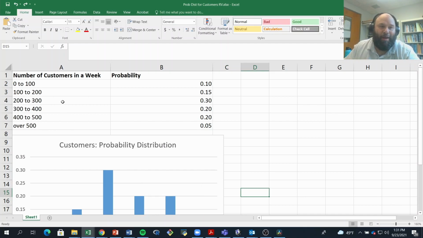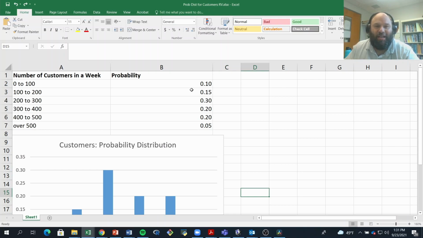For example, the probability that we will have between 100 and 300 customers, well, we take the 0.15 or the 15%, add it to the 30% and get 45%. The probability that we'll have less than 200, well, that's 0 to 200, so that's 25%. 0.10 plus 0.15, 10% plus 15%.